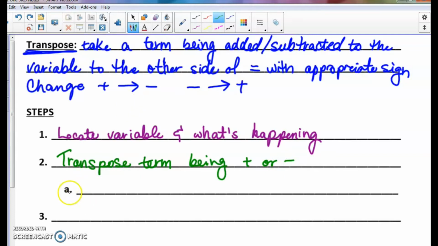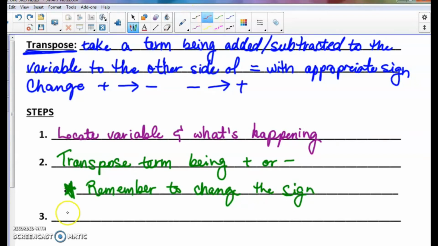And down here, this little part, you just make it a star, because they're just going to put remember to change the sign. And lastly, we're going to check our solution. Make sure the answer we have is actually the correct answer.